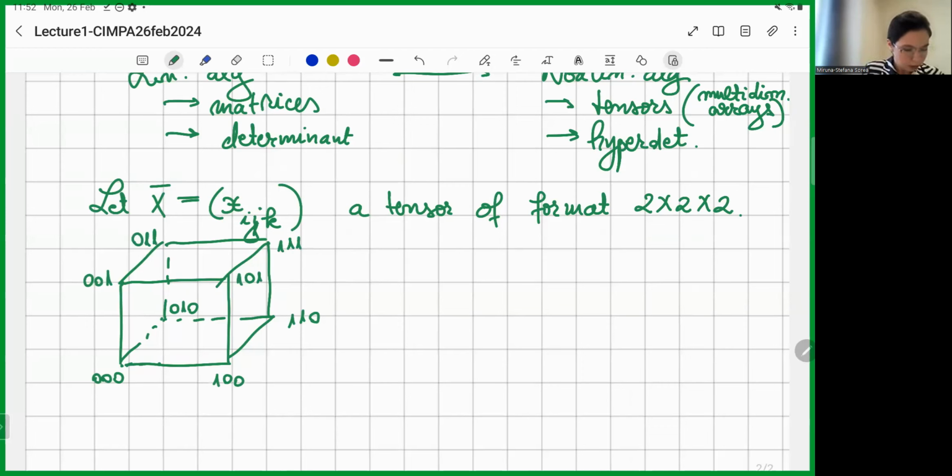In this whole example, x is an element of the 8-dimensional vector space where we have a basis indexed with this ijk. So this is an 8-dimensional linear space.